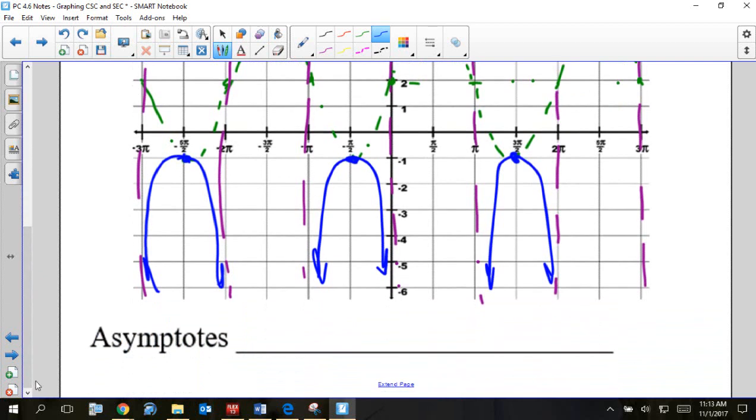Oh, my asymptote, sorry. It's not showing on the screen and then I forget to do it. X equals, what's our first non-negative? 0, so I'm not going to write it. We're going to add on k multiplied by what's the difference between all of the asymptotes? Pi. Where k is an integer.